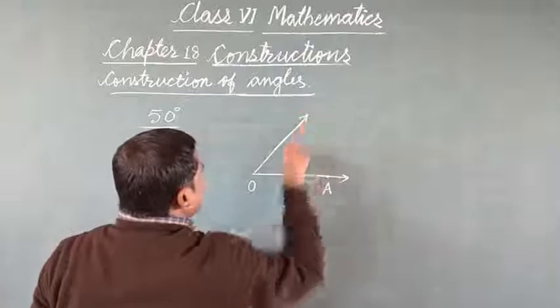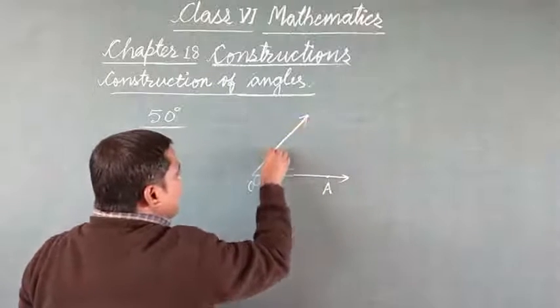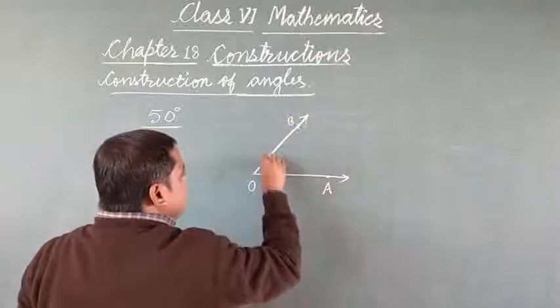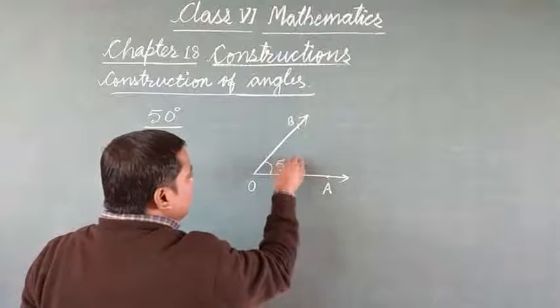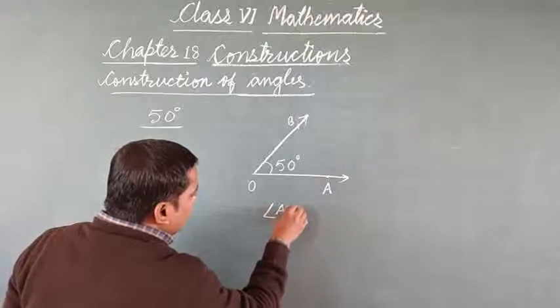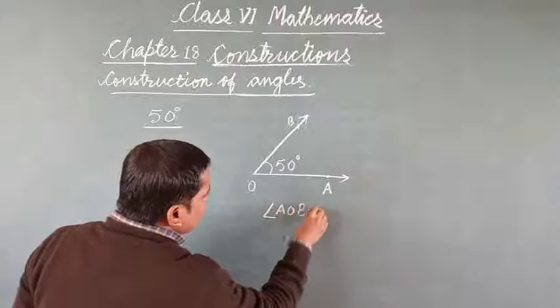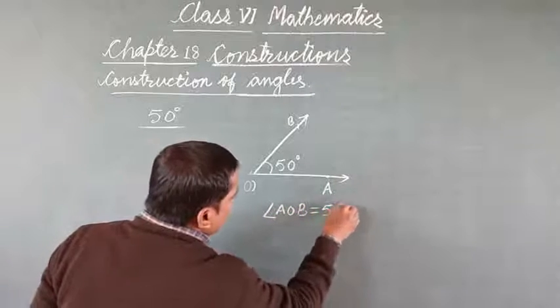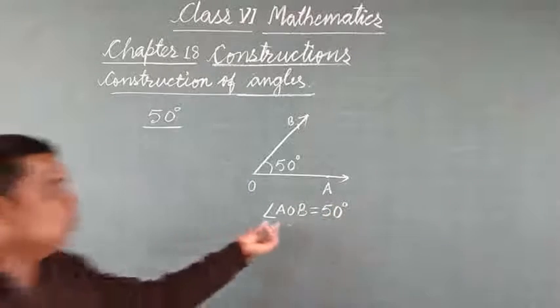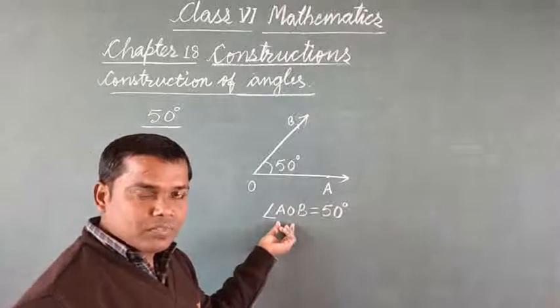We will extend it, so now we will draw a ray here. Take point B. This angle is a 50 degree angle. You can write angle AOB is equal to 50 degrees. So this is the required construction of angle O.